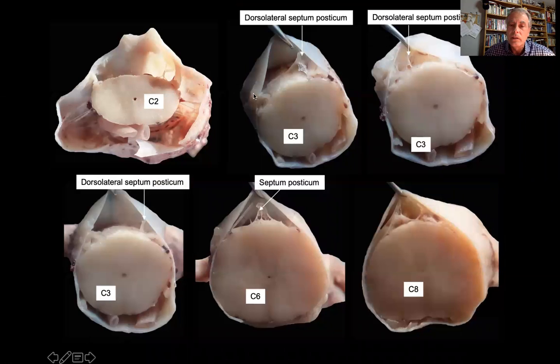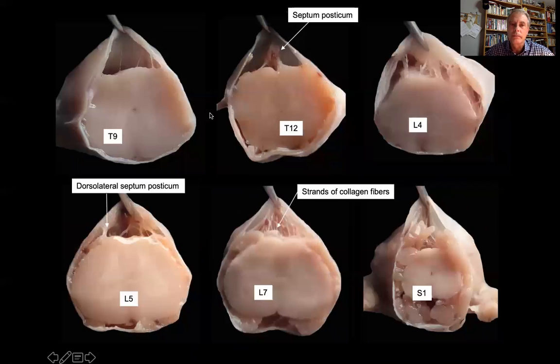So as we run caudally, C3, C6, C8, etc., what we discover are these structures that are strands of fibers that at some places are more dense, and they run between the pia mater and the arachnoid. And this is the septum posticum.